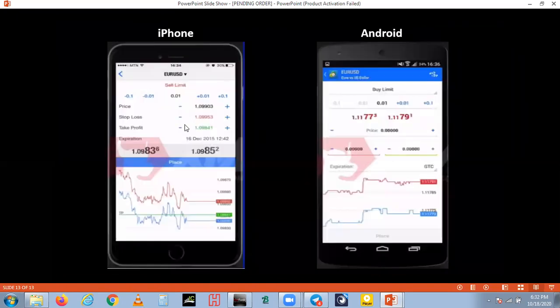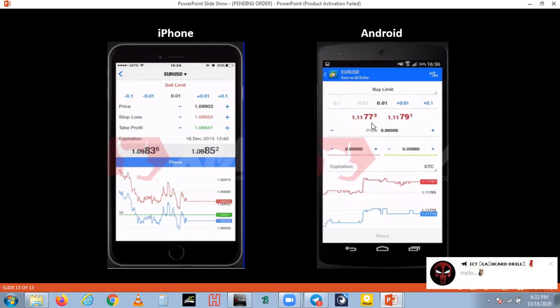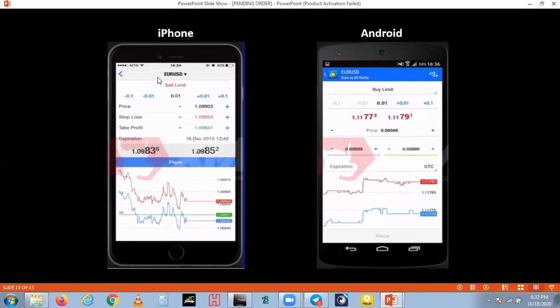So on your iPhone, this is how your MetaTrader 4 will look, where you place your sell or your buy. This is how it's going to look. So in this area that says sell limit on your MetaTrader 4, if you click on it, you see there's market execution, sell limit, buy stop, sell stop. All right.